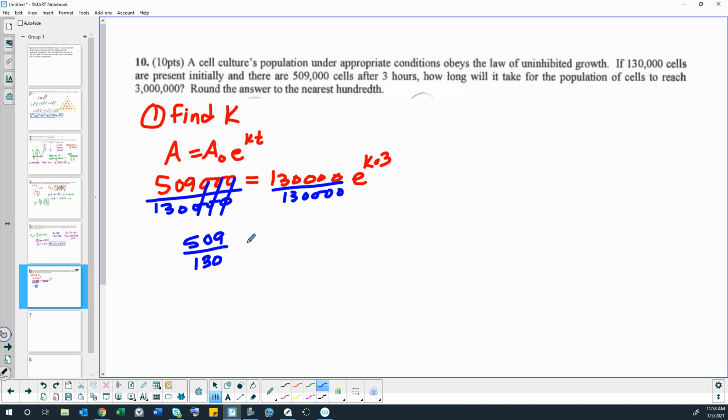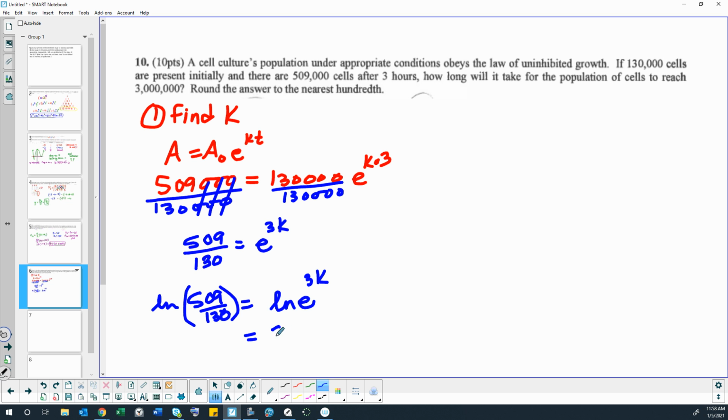Does it reduce further than that? I don't know if it does. I'm not going to stop and worry about it. Okay, so now we do natural log of each side. So natural log of 509 over 130 equals the natural log of e to the 3k.